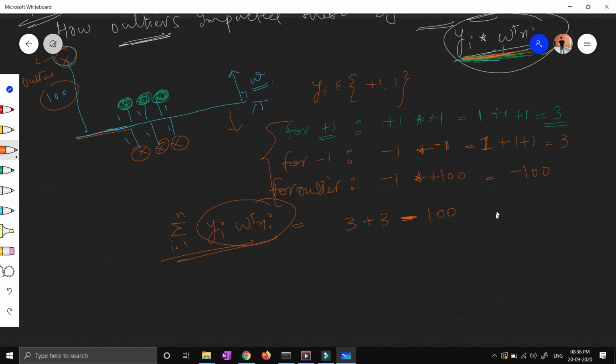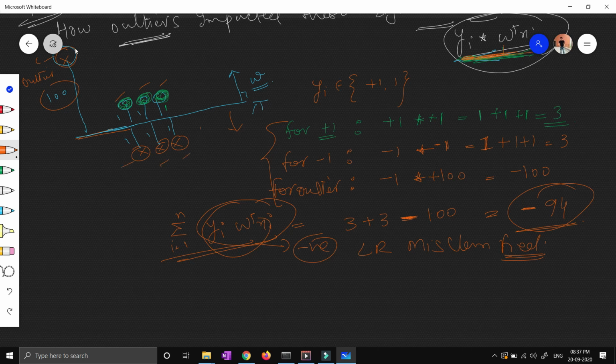So you can see it comes out to be 6, 3 plus 3 is 6, and it will be minus 94, right? It will come out to be minus 94. And from the rule we stated, if this particular term is negative, we say our logistic regression misclassifies my points, even though it correctly classified this point, because it is telling that it is positive, and this point because it is telling it is negative.